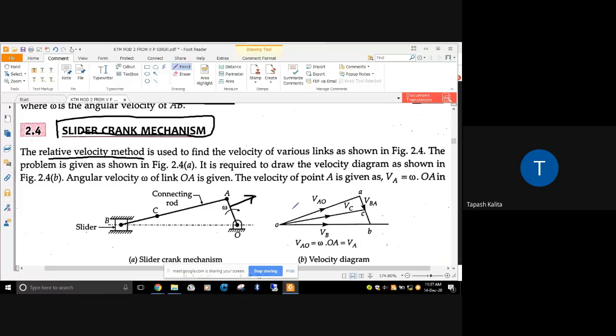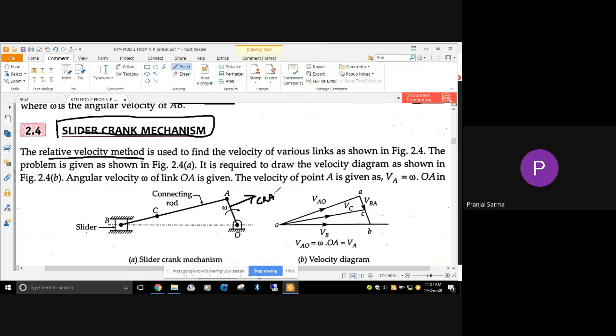So just with respect to this figure, this OA is a link. What is the name for it? Crank, correct. It's a crank.